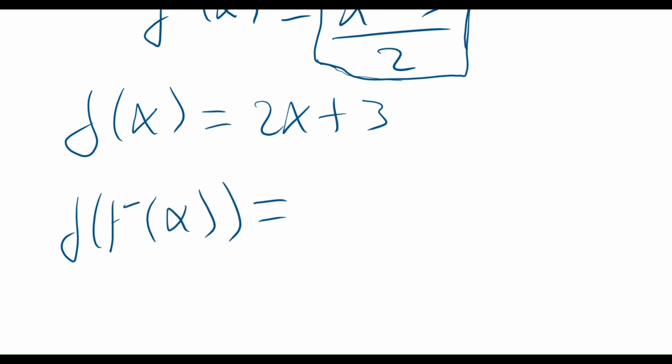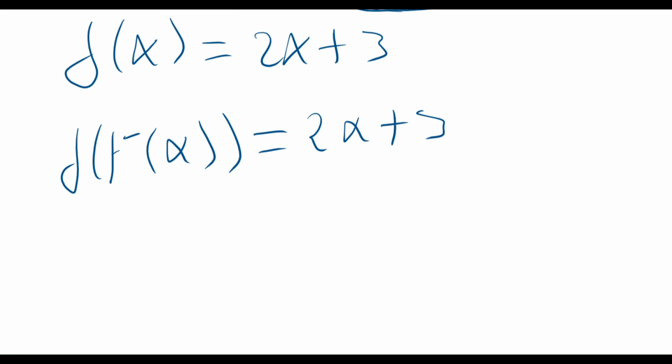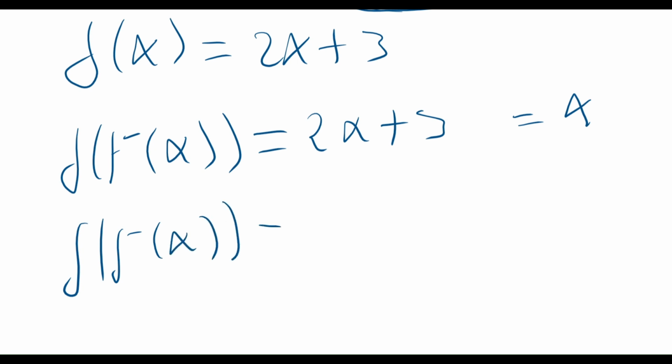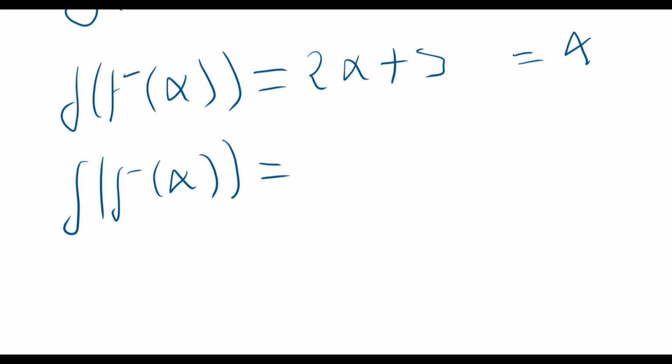We have to substitute into this original function, 2x plus 3, right? So if the result is going to give us x, then that means that the relationship satisfies, which means that if we have a function that takes the inverse as its input, this function is going to give us x, right?